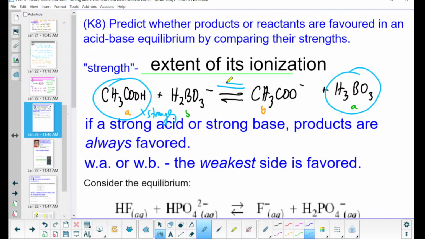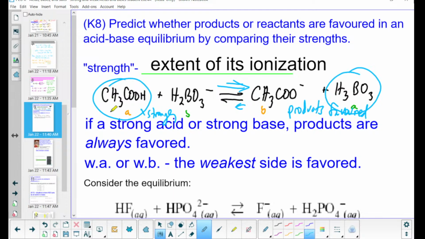That means it goes this way more than that way. So if you have a stronger weak acid on the reactant side, then the products are favored. But we still write it in equilibrium. Yep, it's still an equilibrium, you just have more stuff on the right.